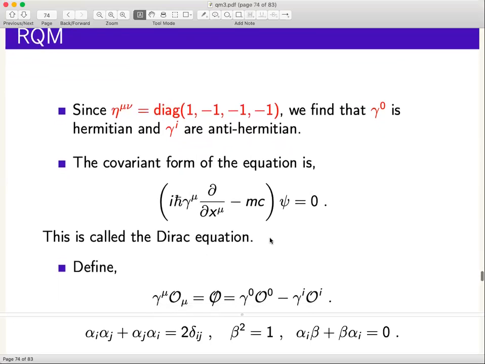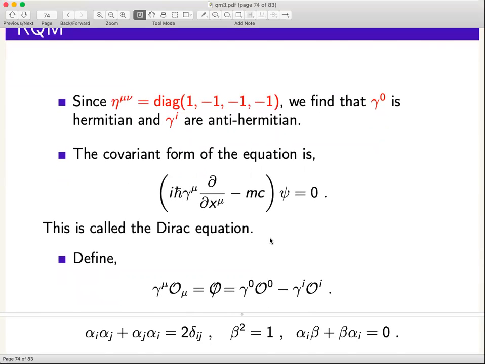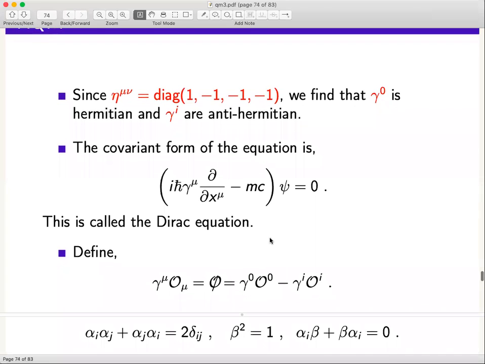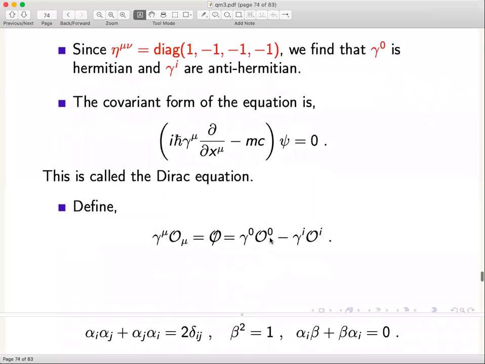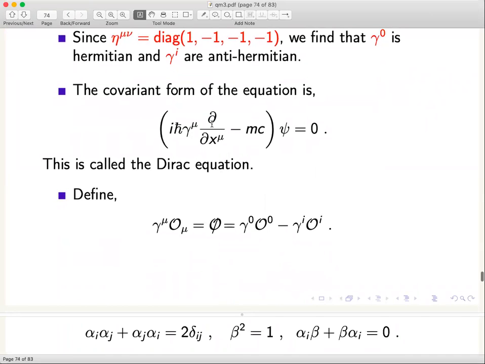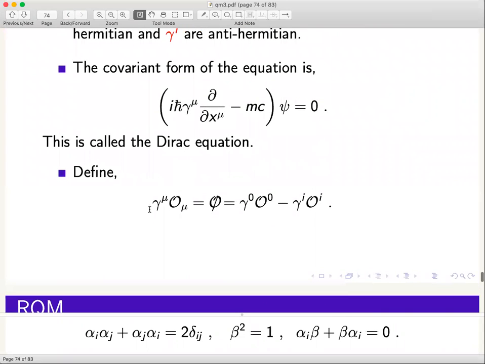This notation can be further simplified, and it's often used in a lot of textbooks. Instead of writing gamma mu multiplying some object O mu, write O slash, where O slash is defined as gamma 0 O 0 minus gamma I O I. For example, gamma mu del by del x mu would just be written as del slash.